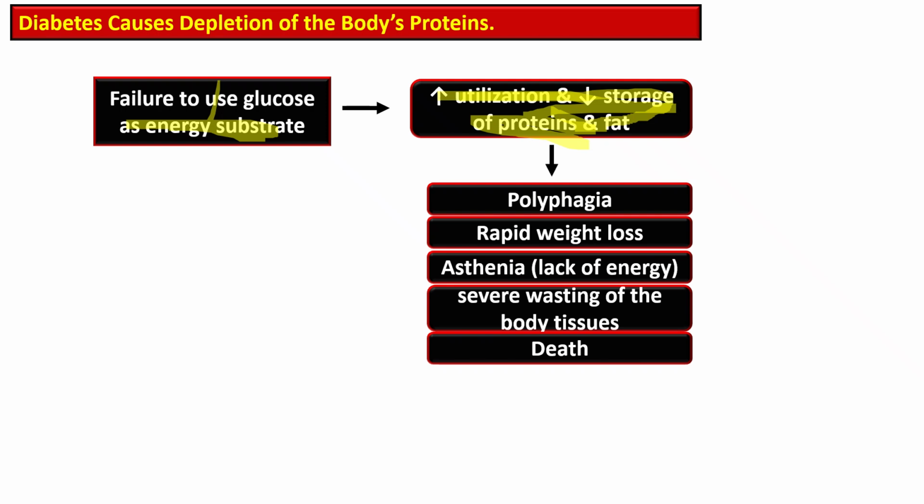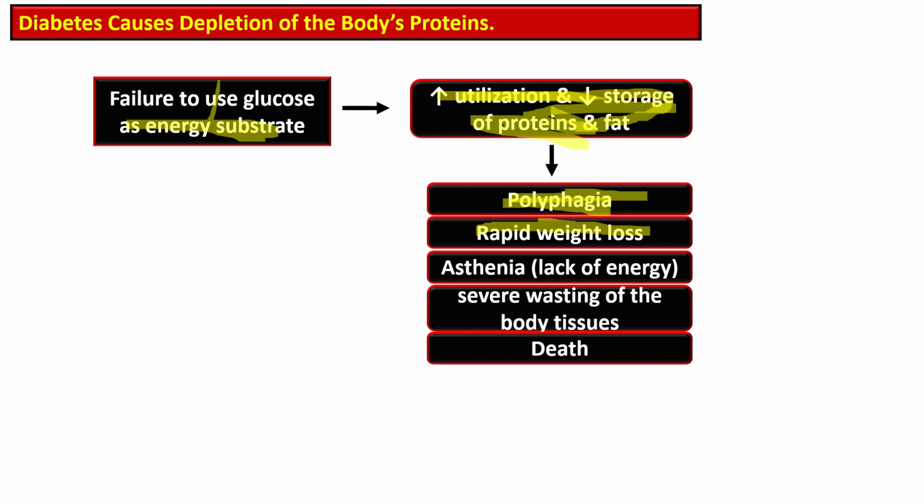The protein store is reduced, and due to lack of insulin, the synthesis of protein is also decreased. This results in muscle wasting and loss of lean body mass. Collectively, they result in symptoms that are rapid weight loss despite eating normally or excessively.